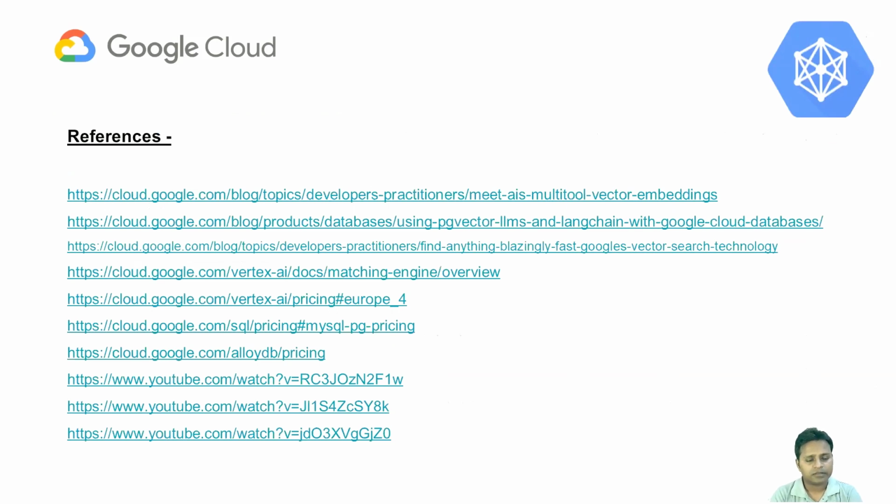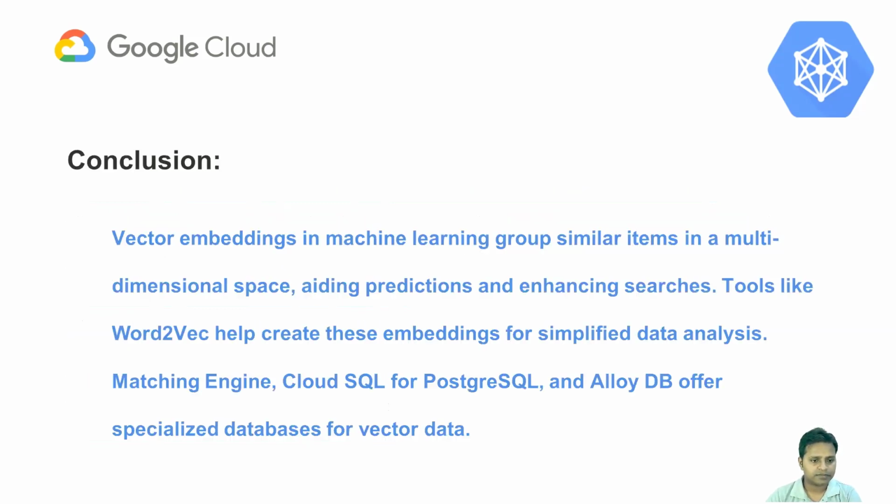I tried to capture most of the references which can be useful to get even better insights into these vector databases. I have also given a breakup of costing for all of these databases on GCP. So to summarize, vector embeddings cluster similar items in a multidimensional space for machine learning.